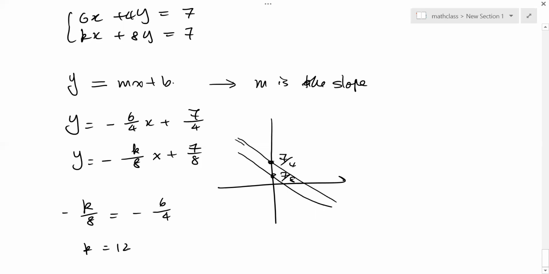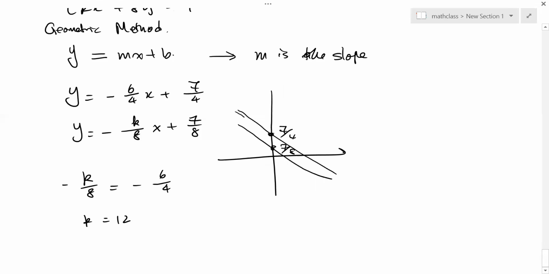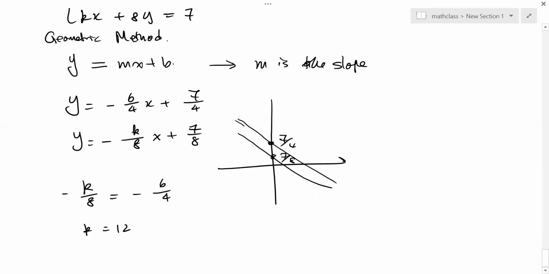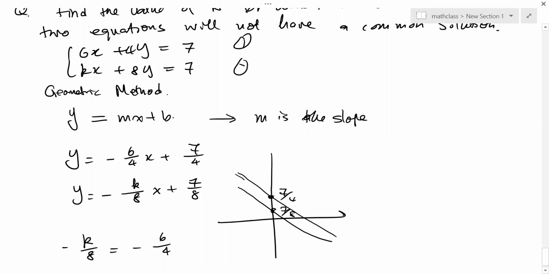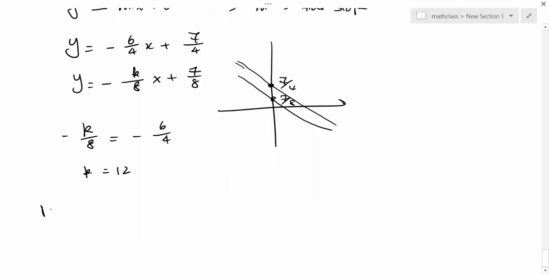But this is a geometric method. Now, the algebra method is just as you started to solve it.